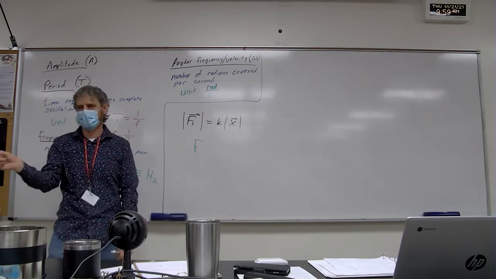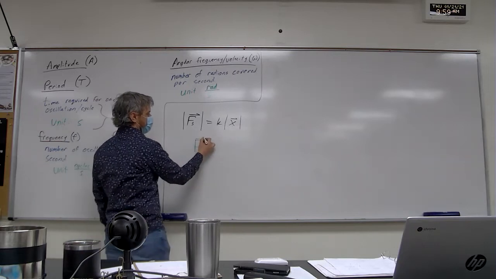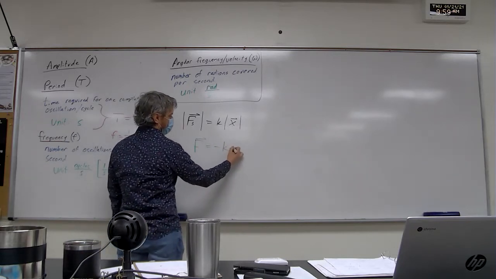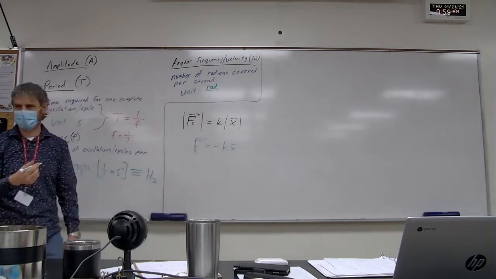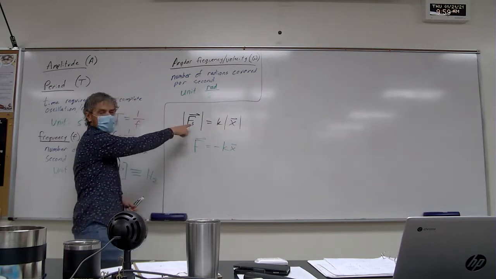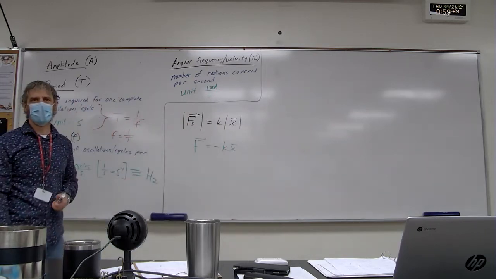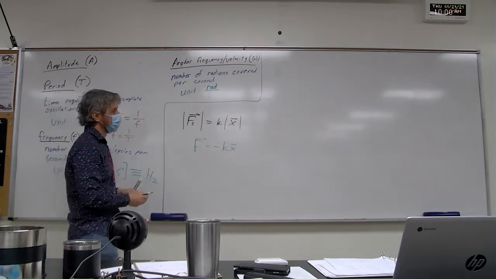If it's down, it's negative. To the left, it's negative. But in the big kid version, you've got that negative there, telling me that whatever direction my displacement is, the force is going to be in the opposite direction. That's what that negative is there for. But most of the time, you just use your free body diagram and can ignore the negative in this expression, and use the free body diagram to tell whether it's positive or negative.